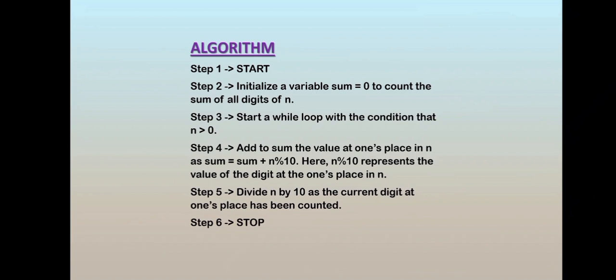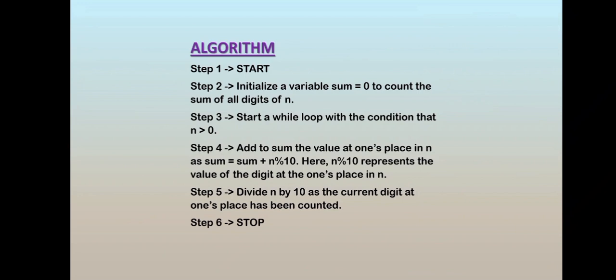Step 4. Add to sum the value at the ones place in n, as sum is equal to sum plus n modulo 10. Here n modulo 10 represents the value of the digit at the ones place in n. So when we take a 5-digit number, we should take the number from the ones place, that is the last digit. We should take each number and add it to find the sum.